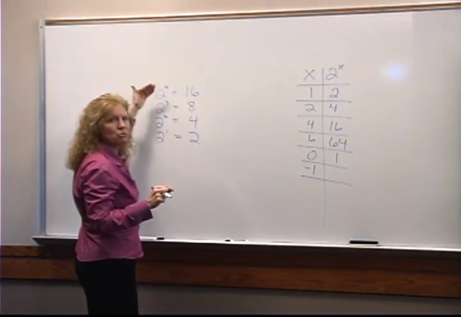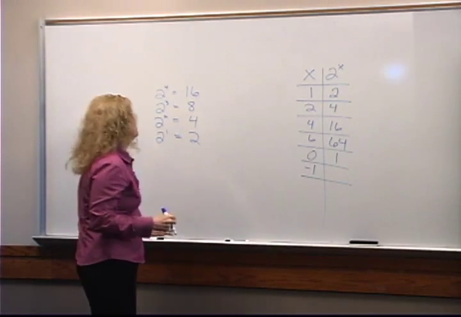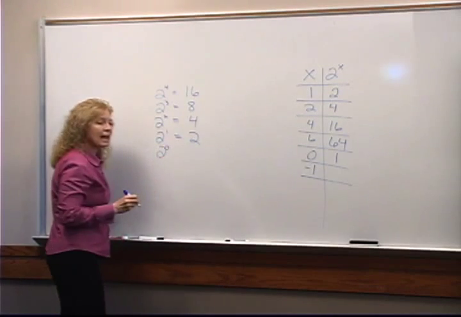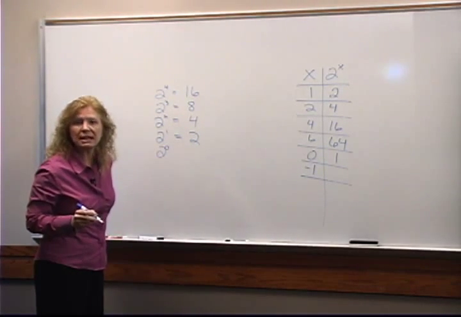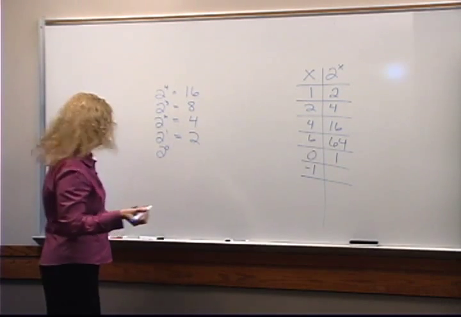So 2 times 2 times 2 times 2 is 16. It's an easy thing from that perspective. But then, how in the world do you say, multiply 0 2's together? What does that mean?